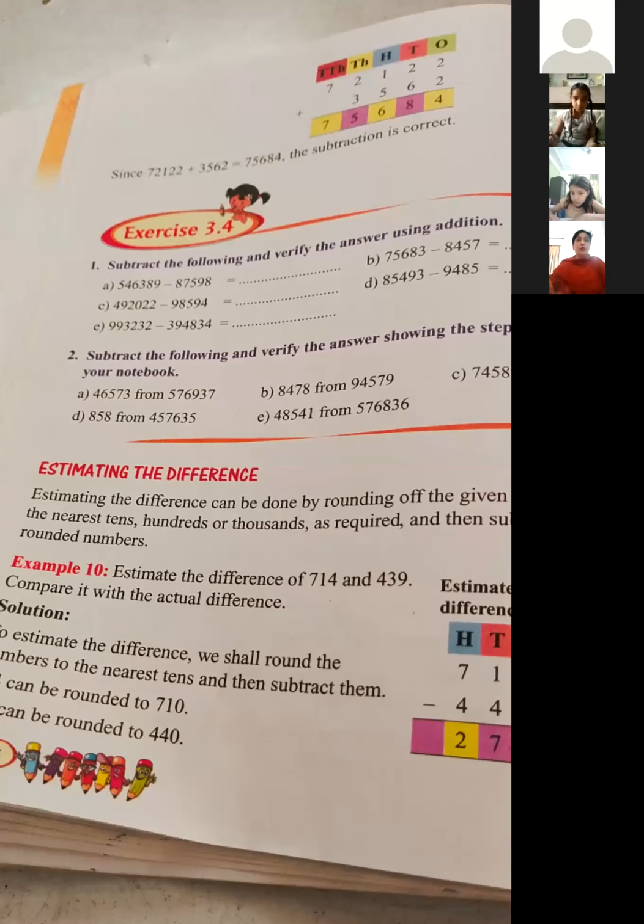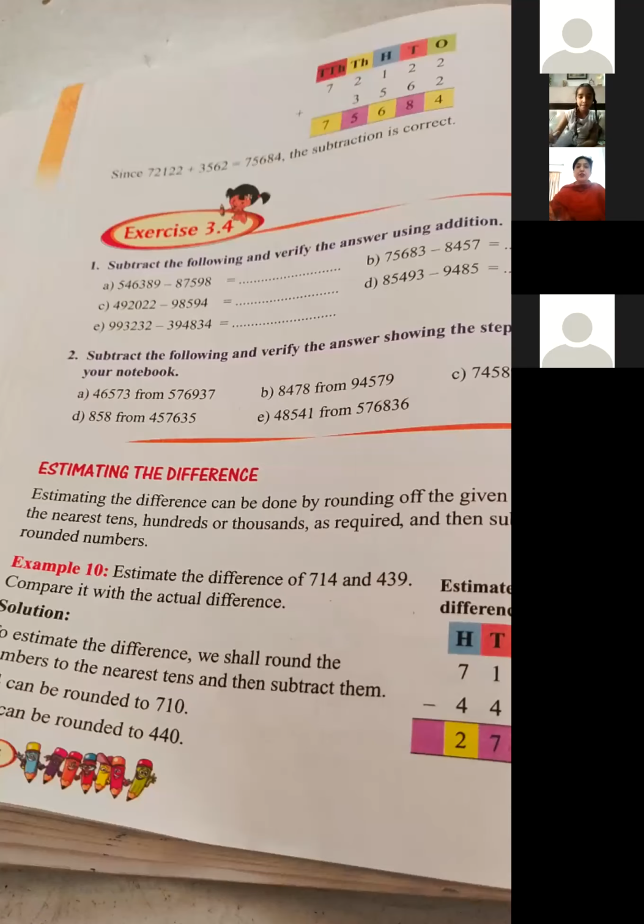What is the answer, Ikjot? Ma'am, 458791. Very good. The answer is 458791. So in subtraction, the answer is called Difference.